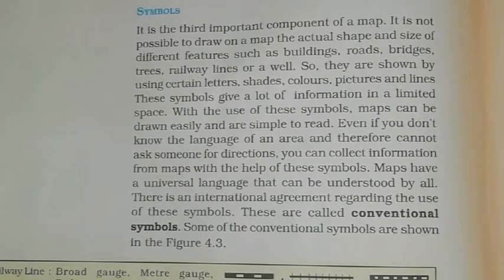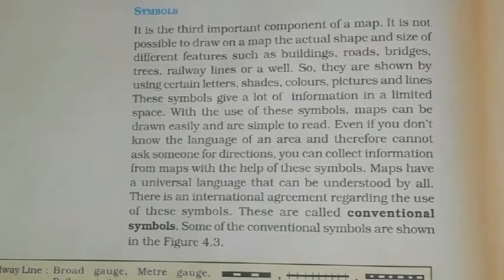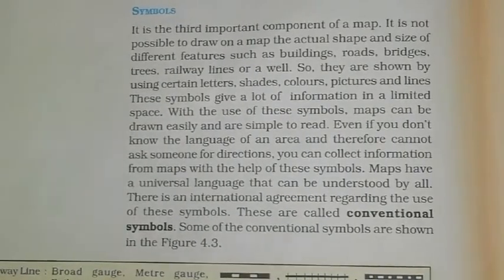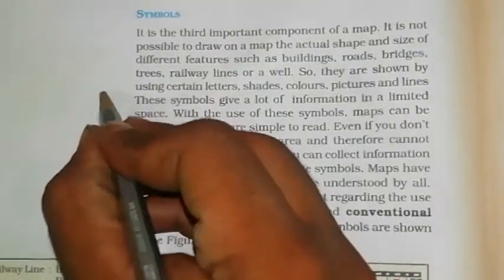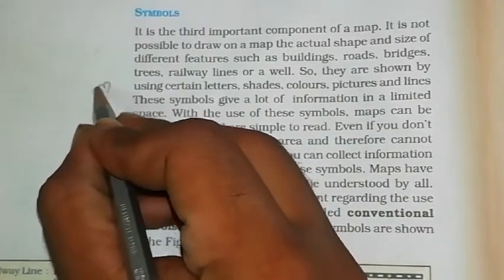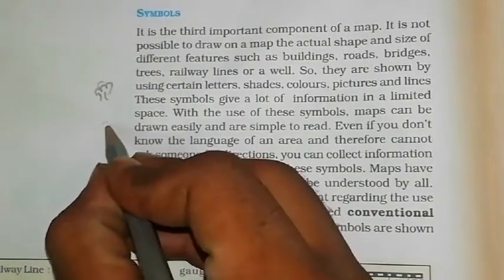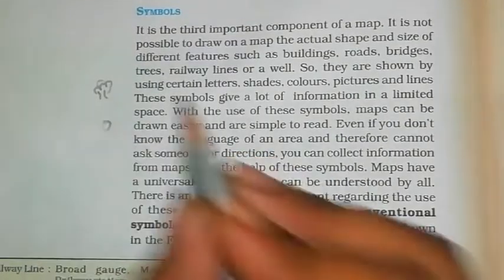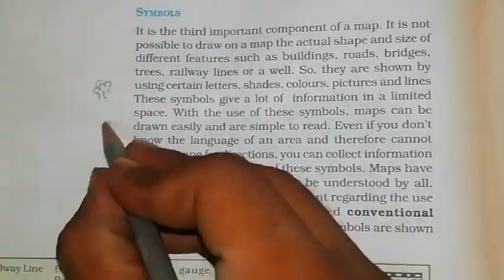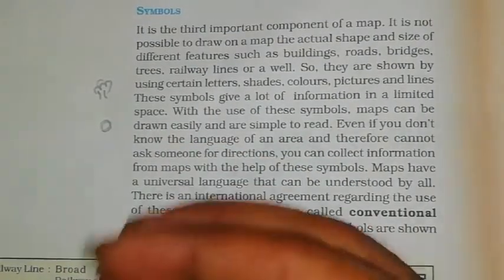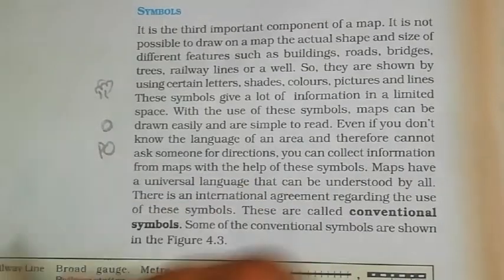So they are shown using symbols and letters. Like for trees, we will use a symbol, a small tree. For a well we use a circle. For a post office we can use the symbol PO, capital P capital O.